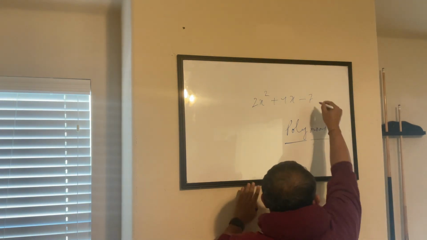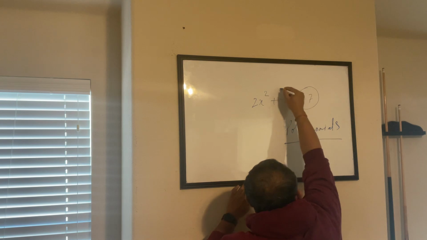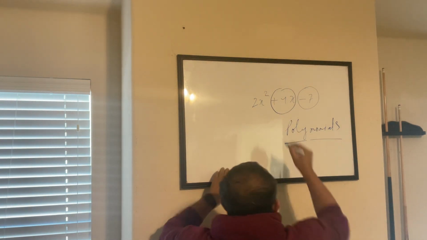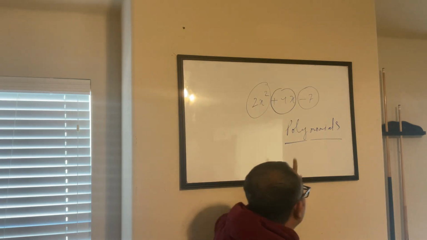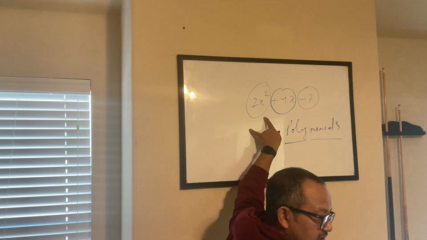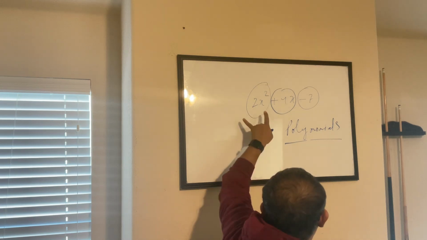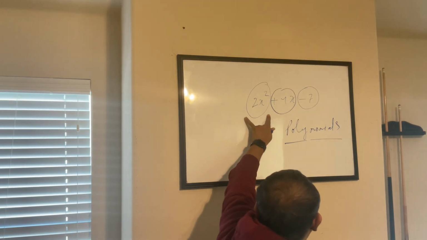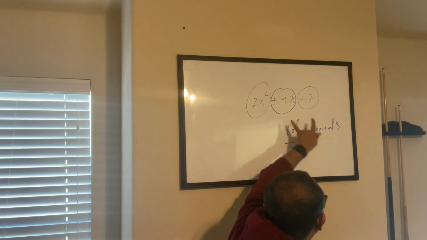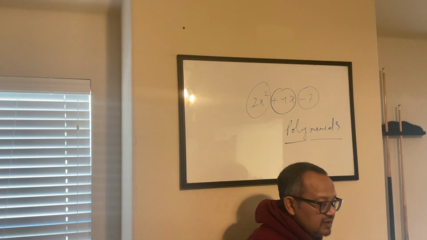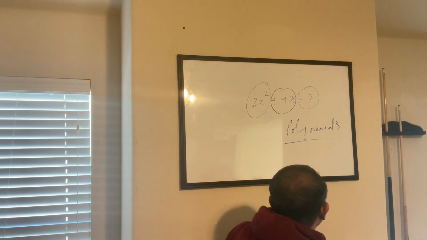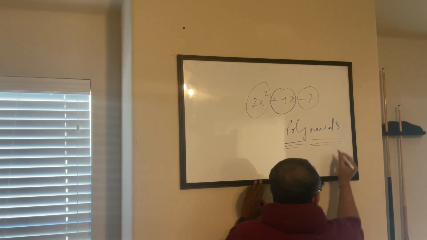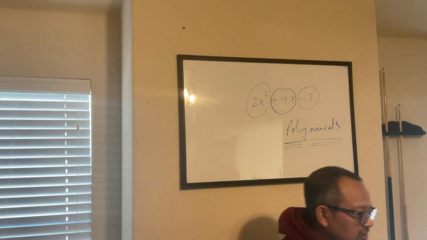So everything here that you see, everything that has a unique identity or separated by an operation is called a term. So if you look at this expression, 2x squared plus 4x minus 7, there are three terms here. One is this 2x squared, second one is plus 4x, and third one is minus 7. These are three terms. So when you have an expression which has many terms, that is what is called polynomial.